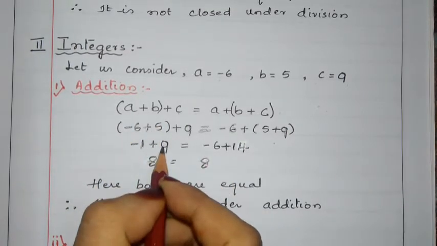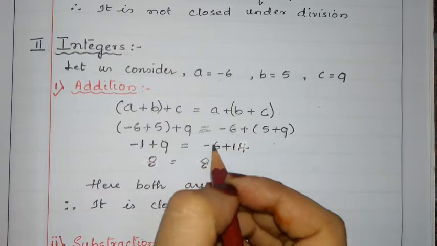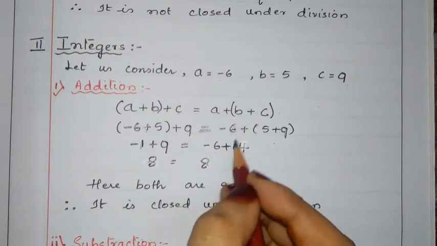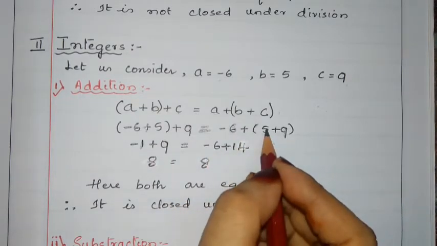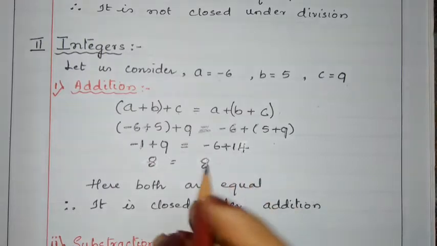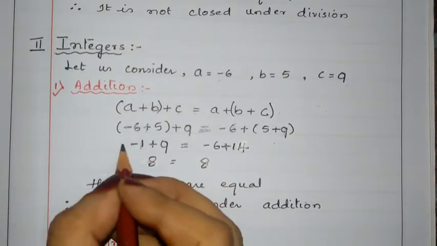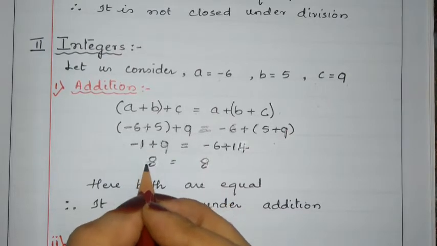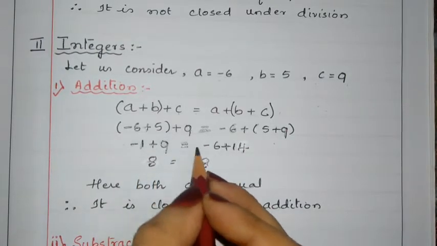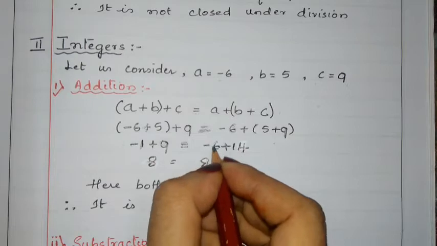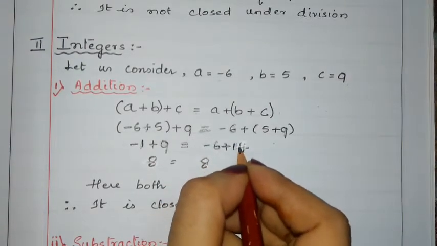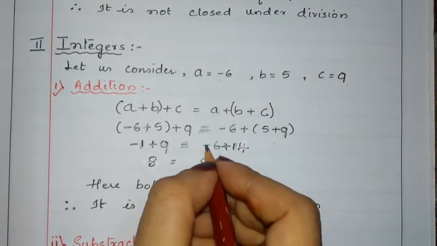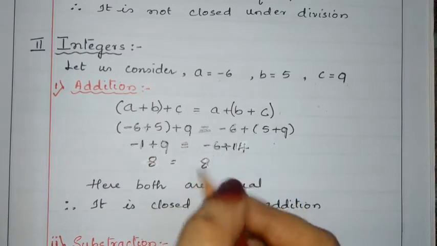Plus this 9 as it is, equals -6 as it is, plus 9 plus 5, which is 14. Plus and minus, you have to do minus. 9 minus 1 is 8. The greater sign is 9, so plus 8 is equal to -6 plus 14. One plus and one minus: we do minus, 14 minus 6 is 8.